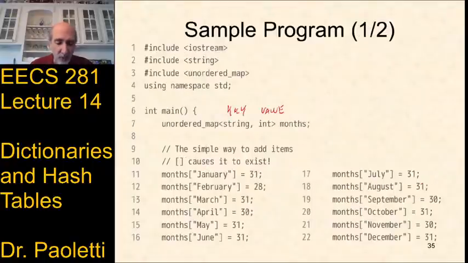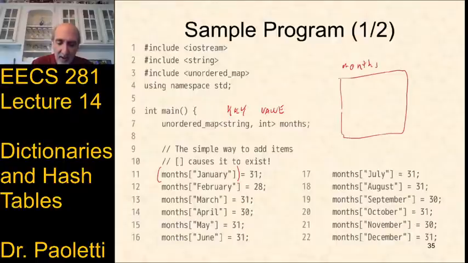So back here, what's really happening is as soon as we say months square bracket January, my hash table months, which used to be an empty hash table, now has an entry in it for January with the value 0 associated with it. It must exist before the square brackets even finishes. Then the square brackets returns a reference to that.